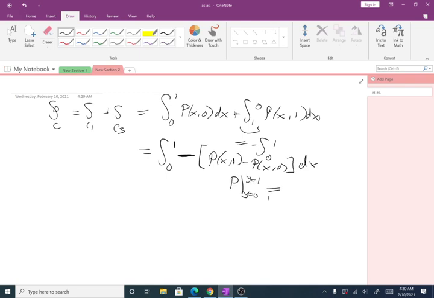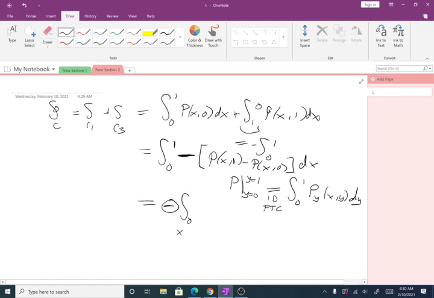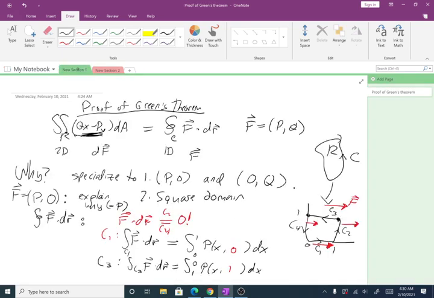So now we just apply the 1D fundamental theorem of calculus. So we see that there's a minus sign that comes out front. So this is exactly the right-hand side of Green's theorem, right?